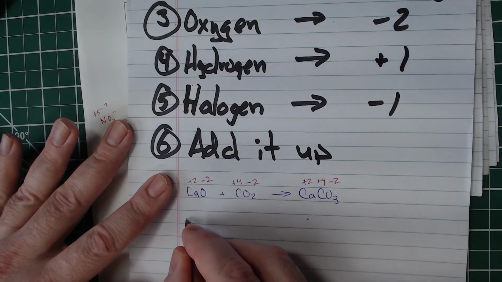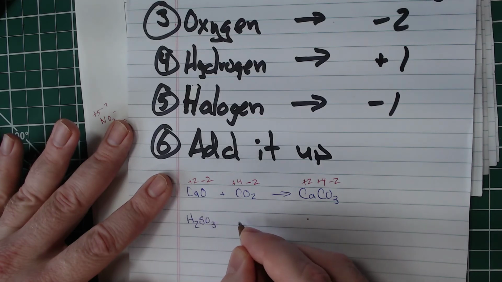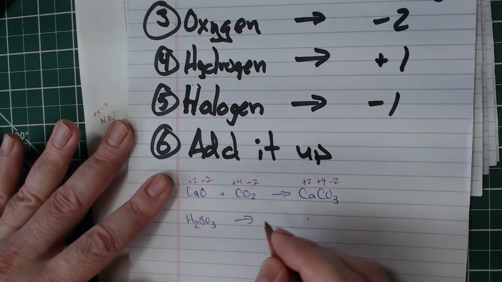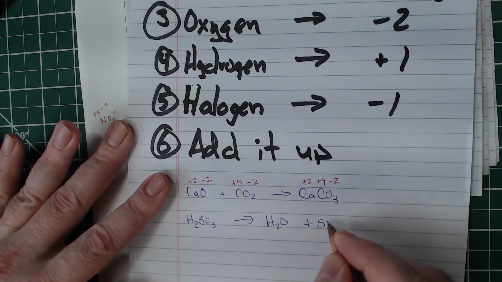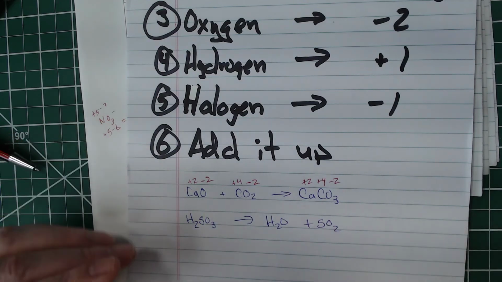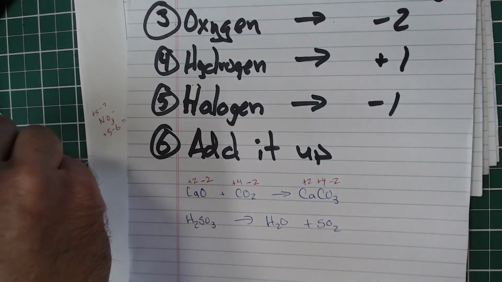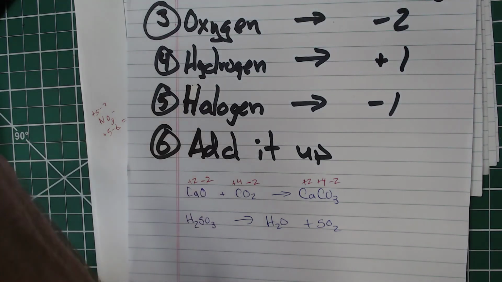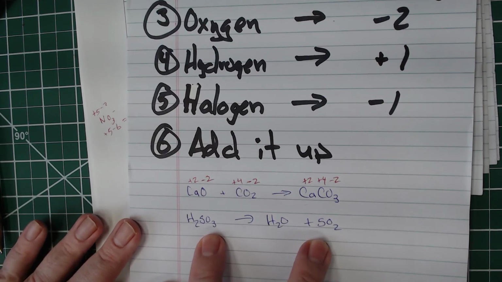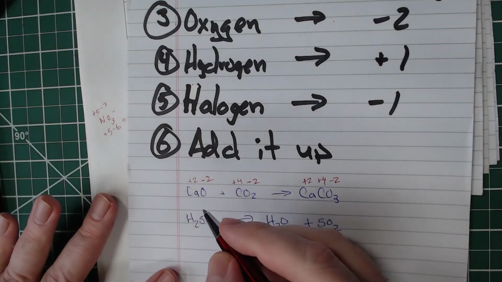We'll do H2SO3, which is sulfurous acid. If it gets to too high of a concentration, it will break apart and make water plus sulfur dioxide, SO2. And as we saw in that section about gas producing reactions, that is what's happening there. That's a gas producing reaction.